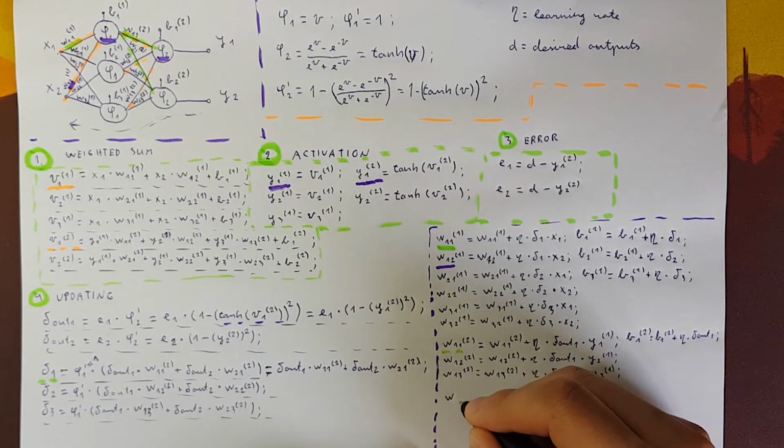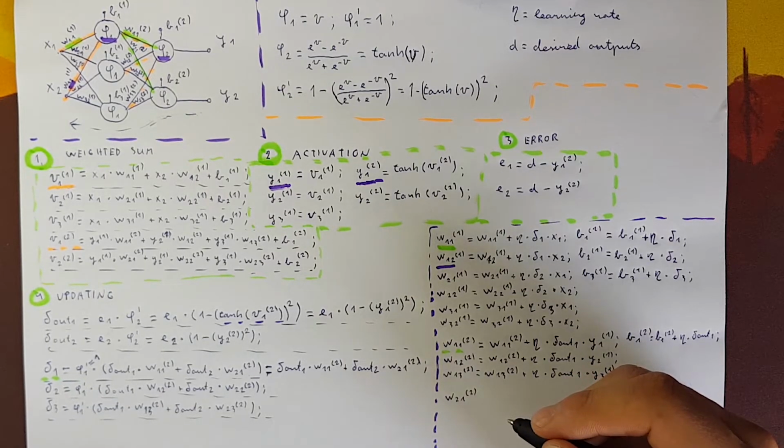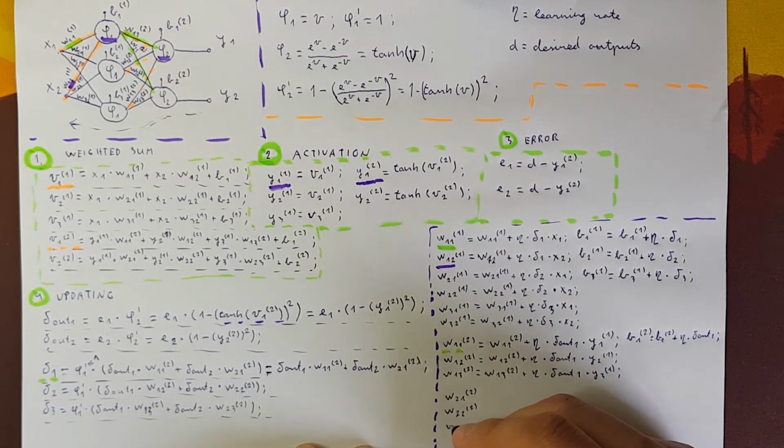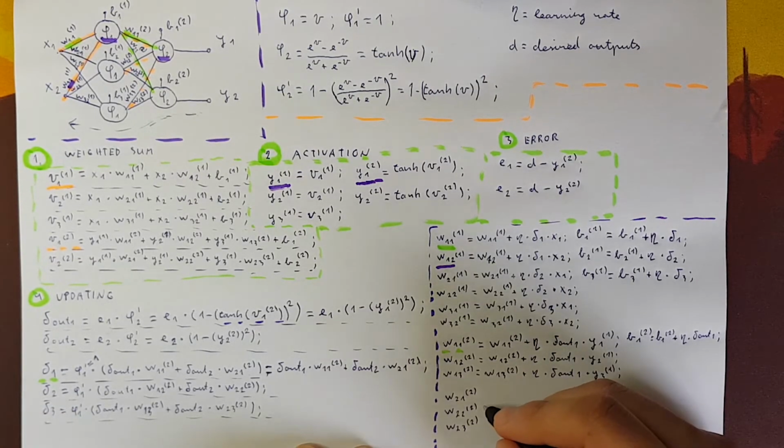So W2,1, W2,2 of the second layer, W2,3 of the second layer. And let's write them.